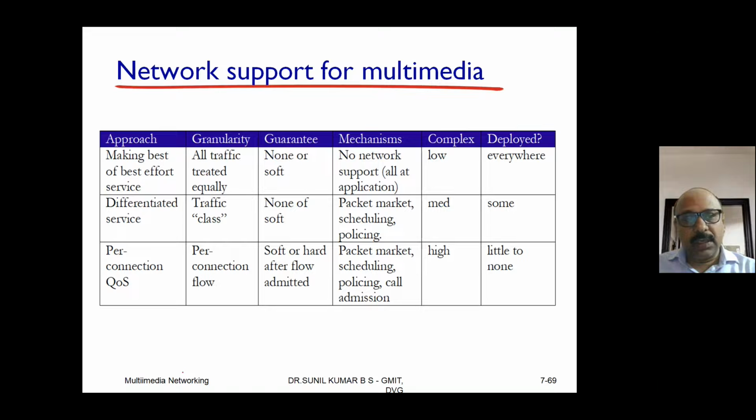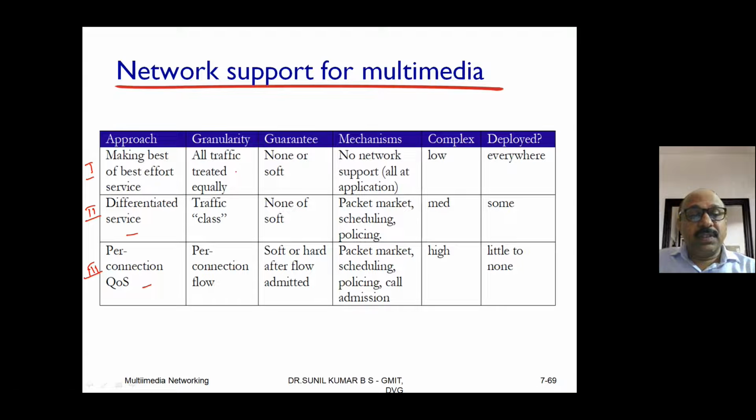In order to make it possible, different classes of communication are possible. So we'll give different classes of service. You can see here there are three different segments identified. The first one is the best effort service. The second one is the differentiated service, and the third one is per-connection quality of service.